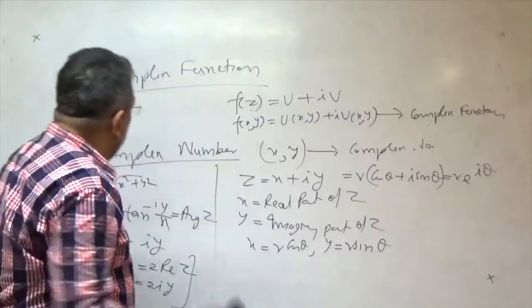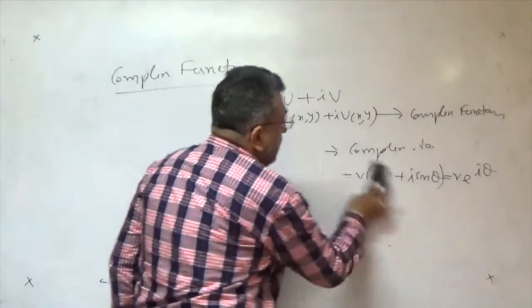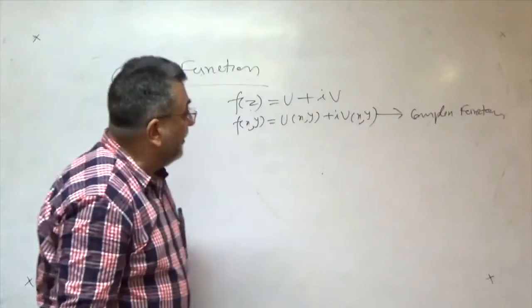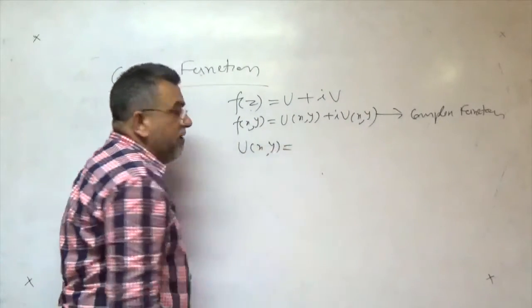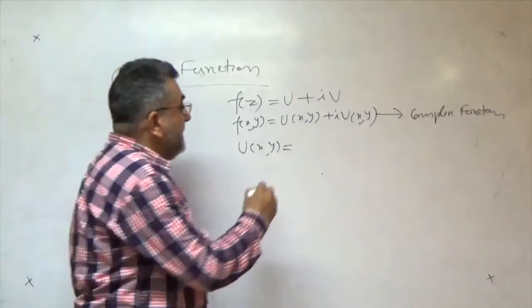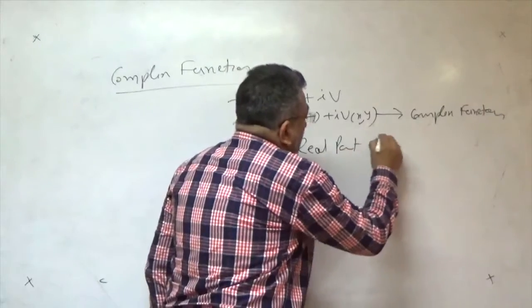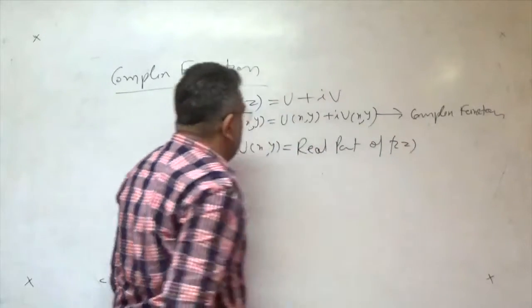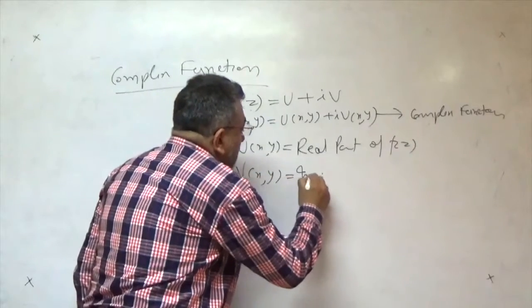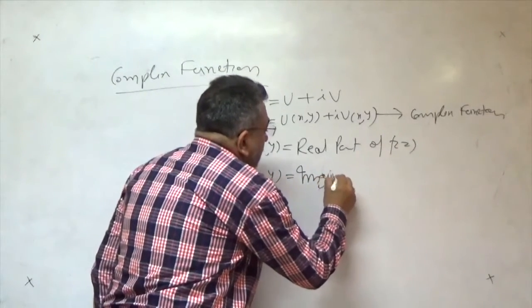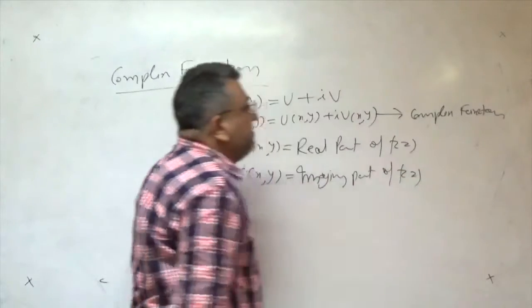Here in this complex function, again there are 2 parts. One is the real part, that is u of x, y. This is a function of 2 variables, but here it is the real part of complex function f of z. v of x y is the imaginary part of complex function f of z.